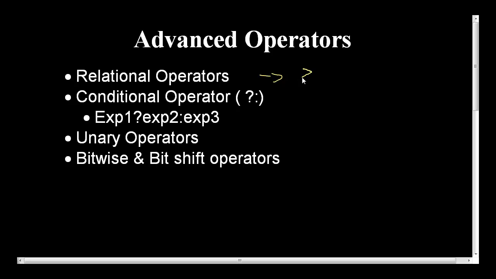These are usually the greater than sign, the less than, the greater than equal to, and the less than equal to relationships. We usually use these relational operators to validate some assumption.